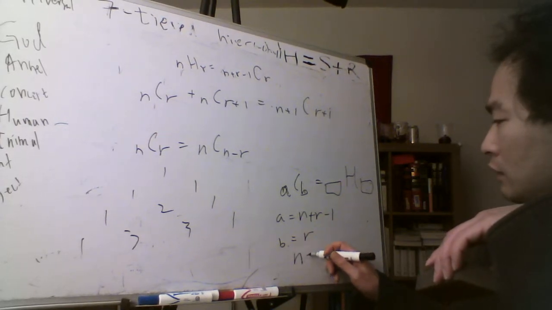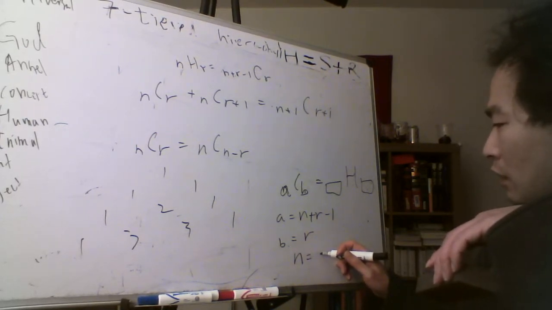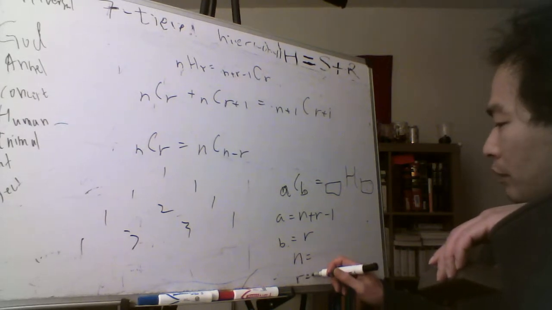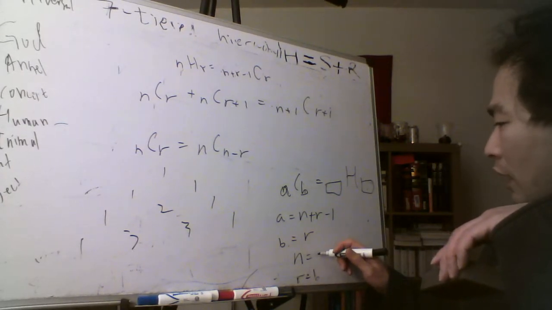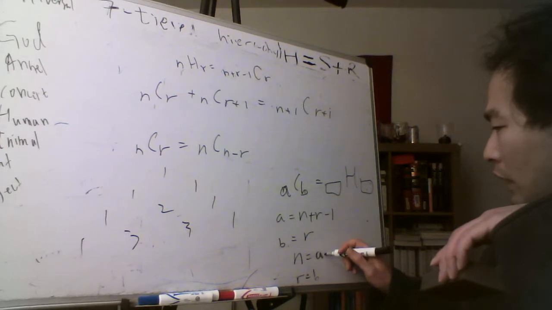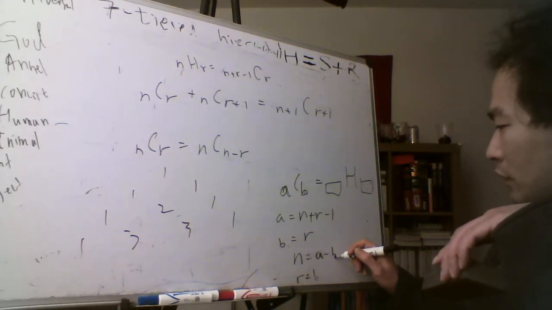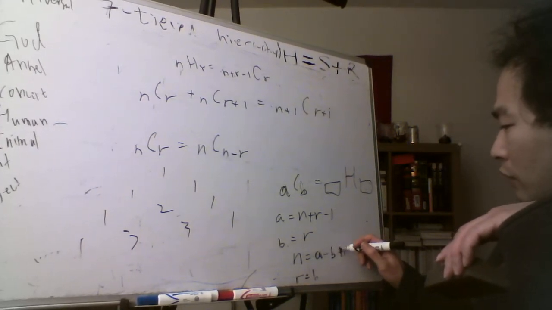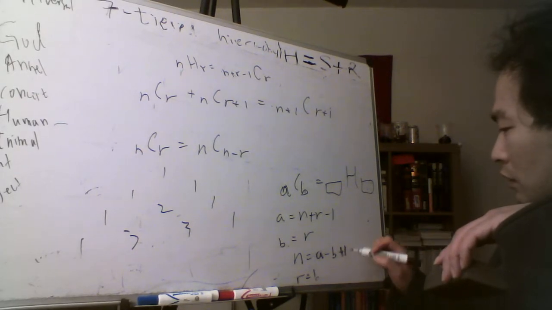So N is equal to, we have R equal B, right? So that's good. N is equal to A minus R, which is B, and then plus 1, okay? I think we got it. We got it.